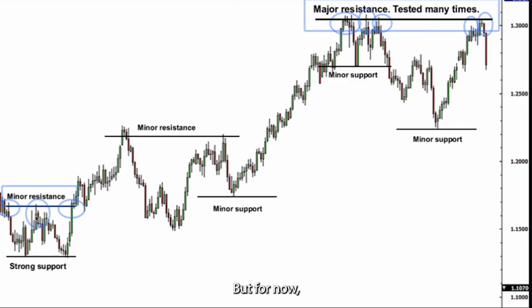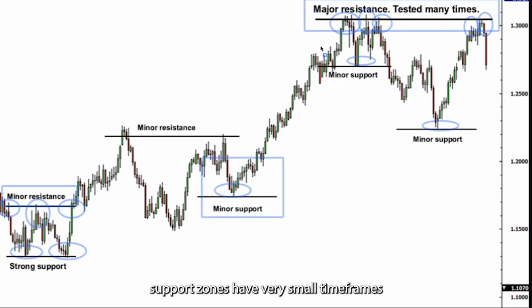But for now, however many times you're seeing an area get touched, that area should be considered some type of support or some type of resistance. Notice here we got our strong support on the bottom. We got a minor support because we only touched one time. Same thing here, and same thing here. And notice all the smaller support zones have very small time frames comparatively.